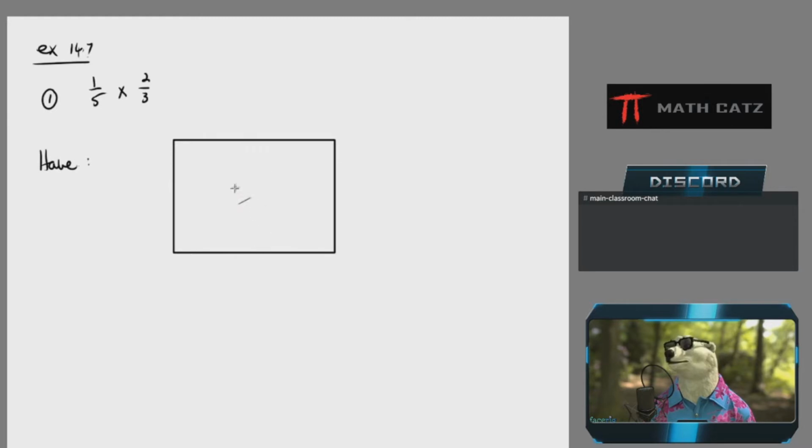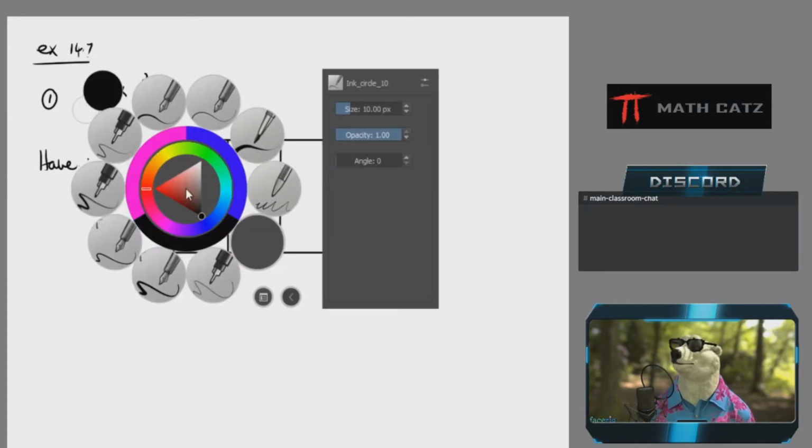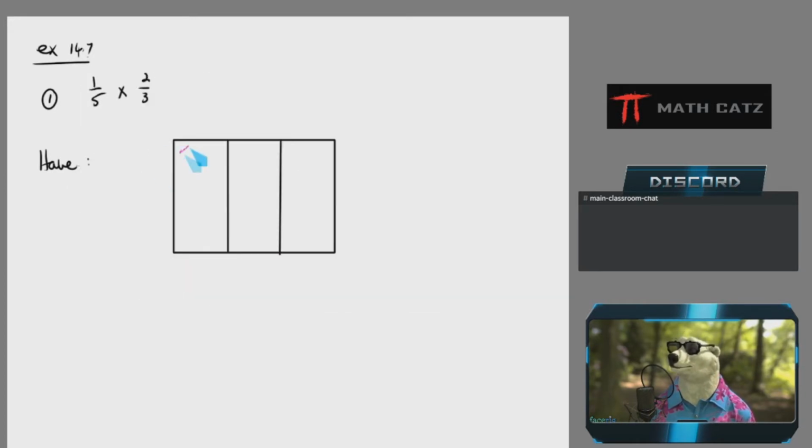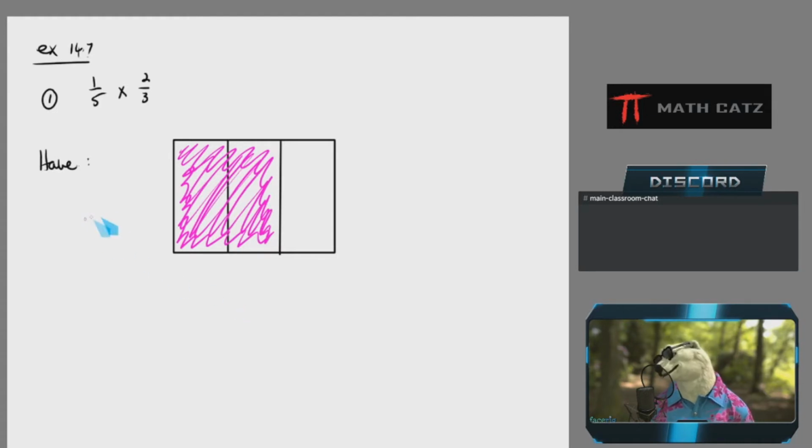So I'm going to break it up horizontally into 3 pieces. That's not very good. It's better. And I have 2 of them. 2 of the 3 pieces is what I am starting with. All right. That's what I have. I have the pink stuff.